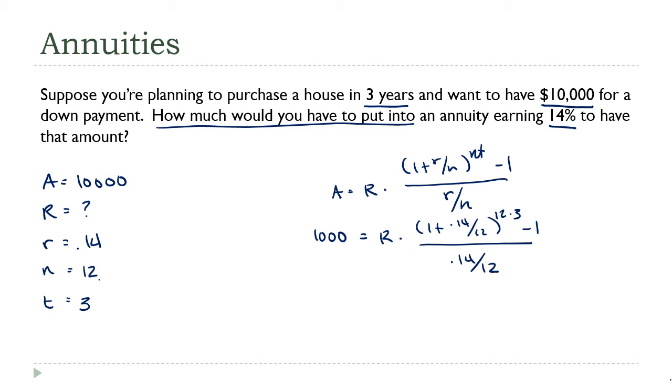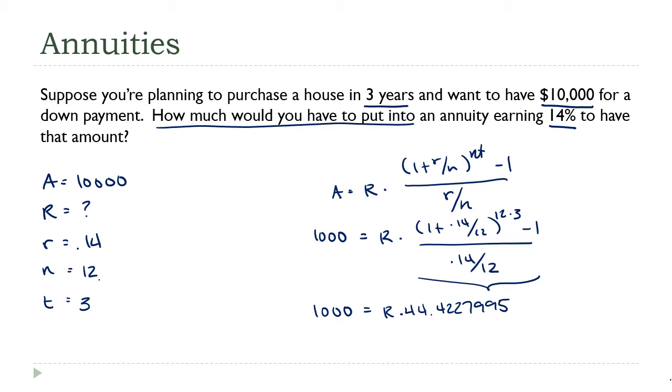This whole big thing over here is just a number. So I'm going to go to my calculator, very carefully enter that number, and I get 10,000 equals R times 44.4227995.